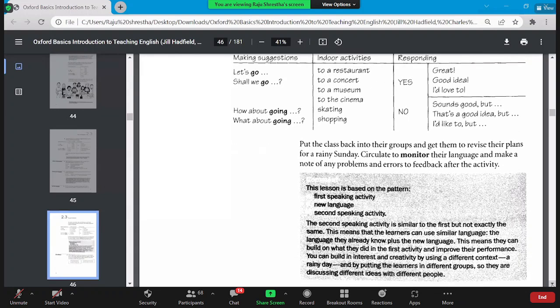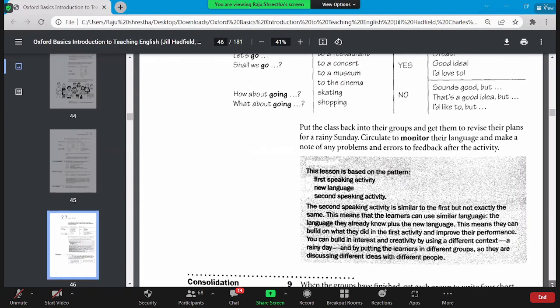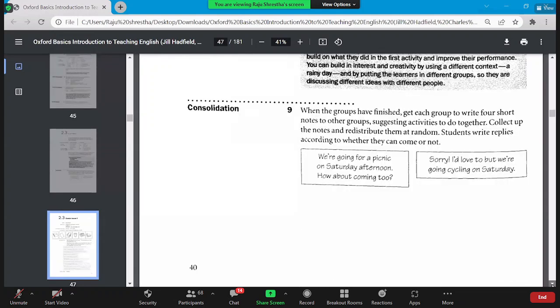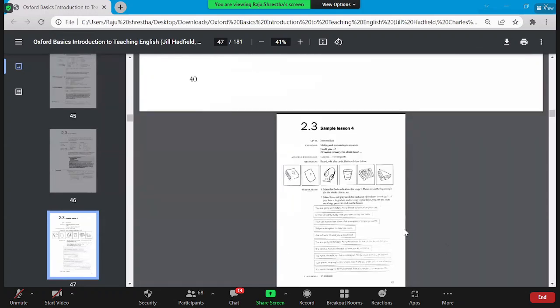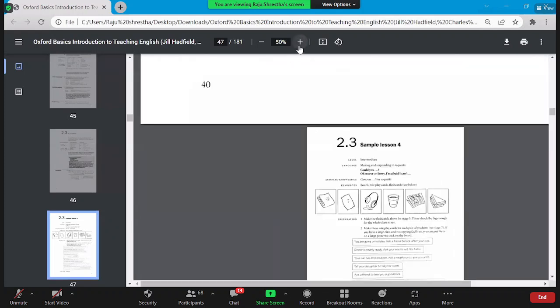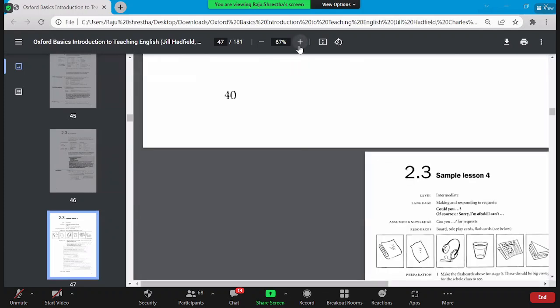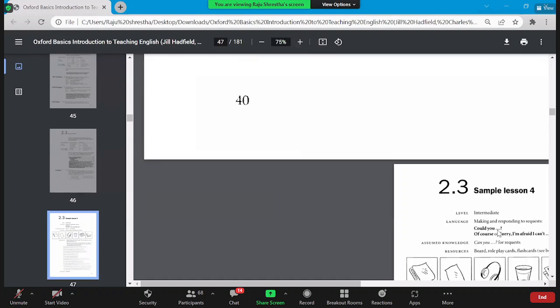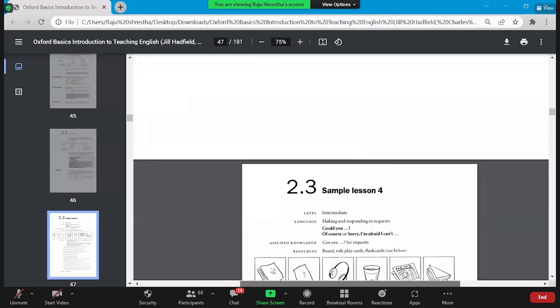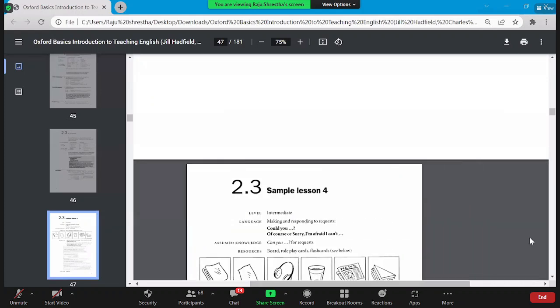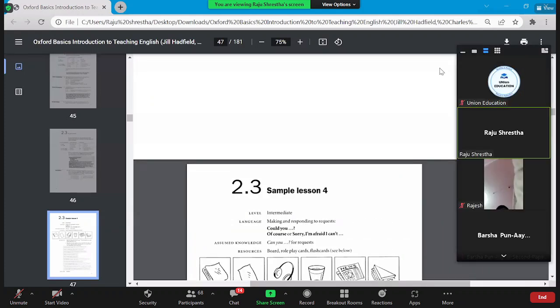If you are asked to make a lesson plan, then exactly this is to be done. Okay, for example, how do you teach making suggestions and responding to suggestions? Prepare a sample lesson plan to teach to 6th graders. If it says this, exactly this is what you write.